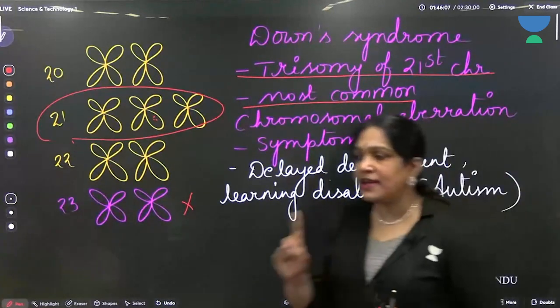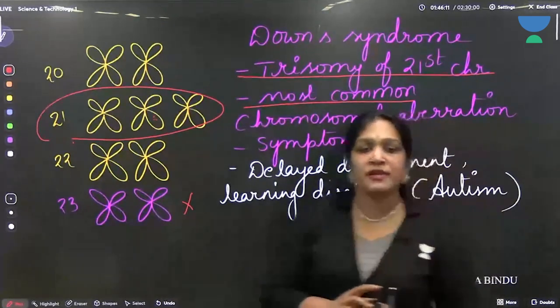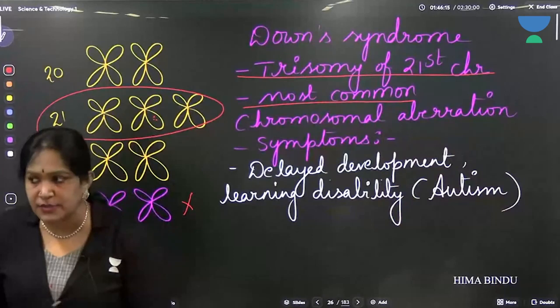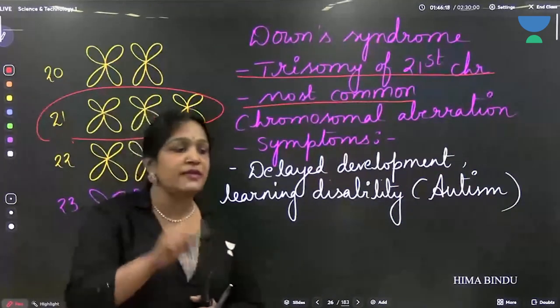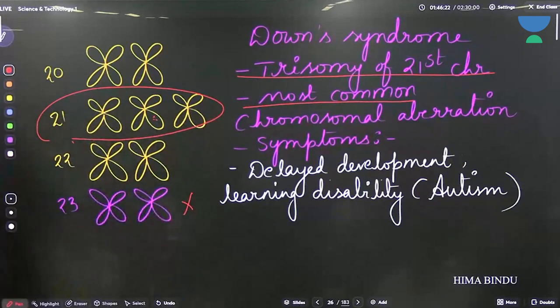And per month, one egg will be released. Now let us suppose a 20-year-old girl reproduces; the eggs are stored for 20 years, it's okay. But if a 30-year-old lady reproduces, the eggs are stored in her body for 30 years. They become old and damaged. Is it clear?